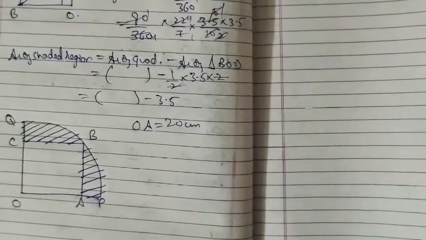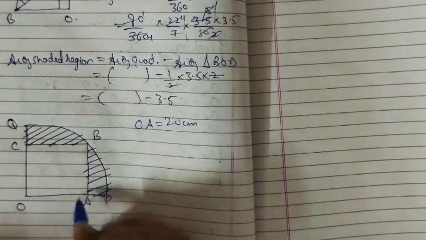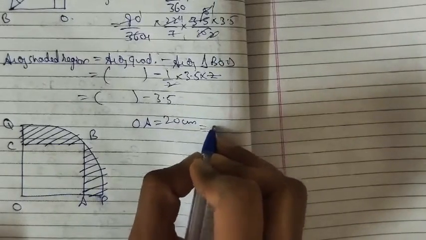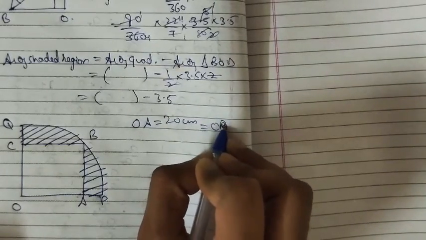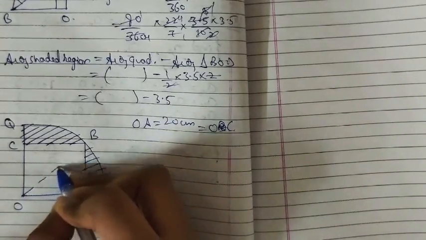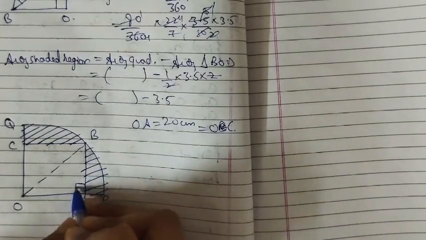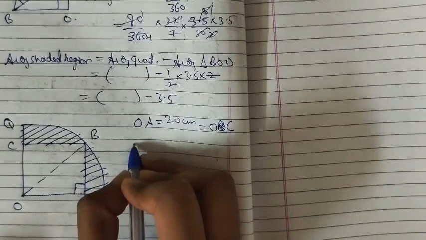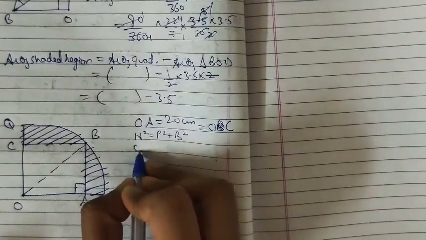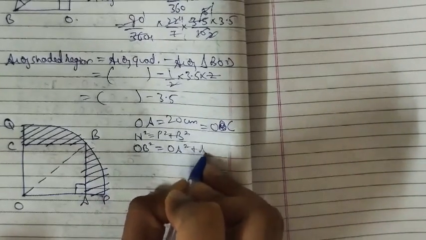Now this is the next question, number 13. In question number 13, this is a quadrant and this is a square. So side of square OA is equal to OC is equal to 20 centimeter. Now if I join this line, this is 90 degree, square angle. So we know that H square is equal to P square plus B square. So OB square is equal to OA square plus AB square.